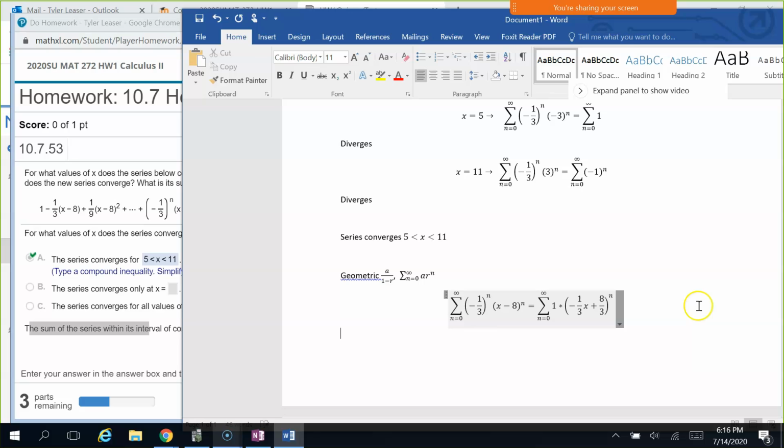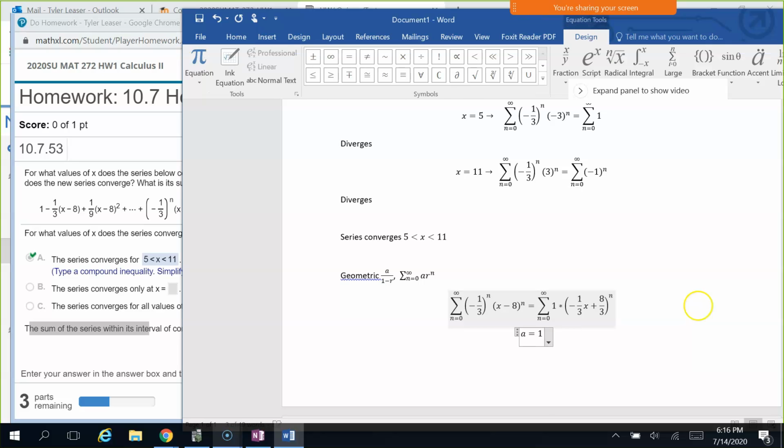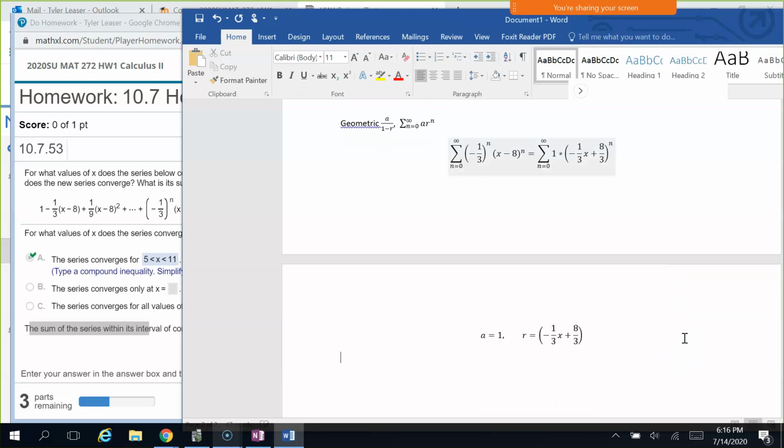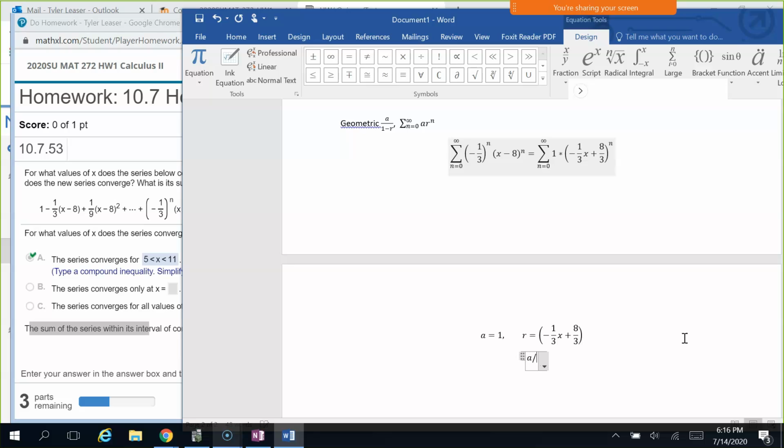Okay, so again, what this tells me is that a is just 1, and r is that whole parentheses there, negative 1/3 x plus 8/3. So that we're going to plug into a over 1 minus r, which is going to be kind of complicated looking. 1 over 1 minus negative 1/3 x plus 8/3, like that.